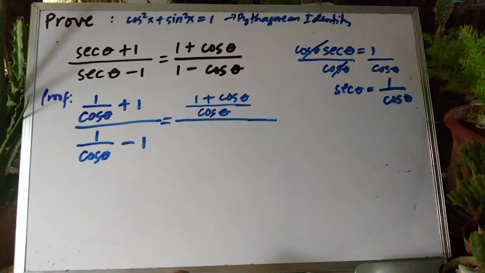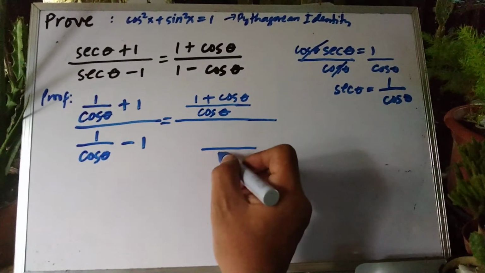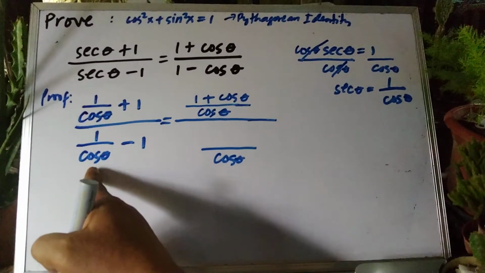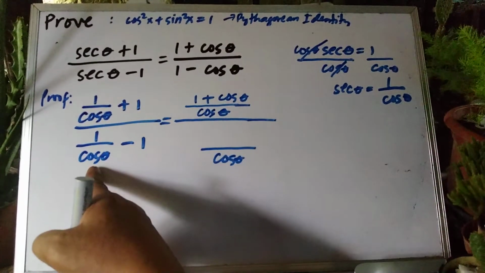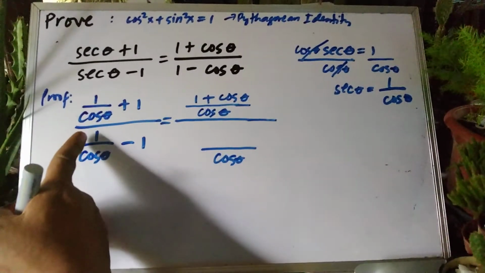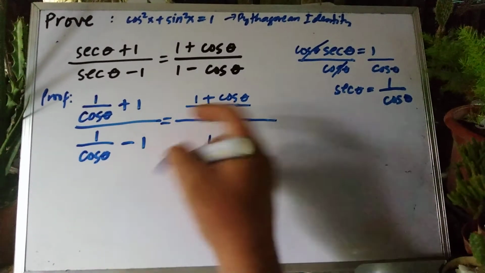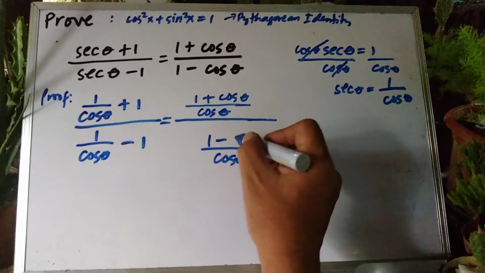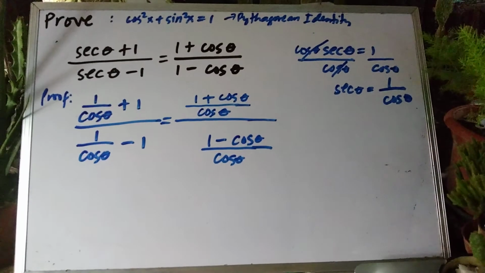Okay? How about in the denominators? The same process. We get the LCD, cosine theta. Then, cosine theta, you divide it to the first denominator. So, cosine theta divide cosine theta is 1 times 1 in the numerator. So, you have 1. Copy the minus sign. Then, directly multiply cosine theta times 1. Cosine theta. Okay.